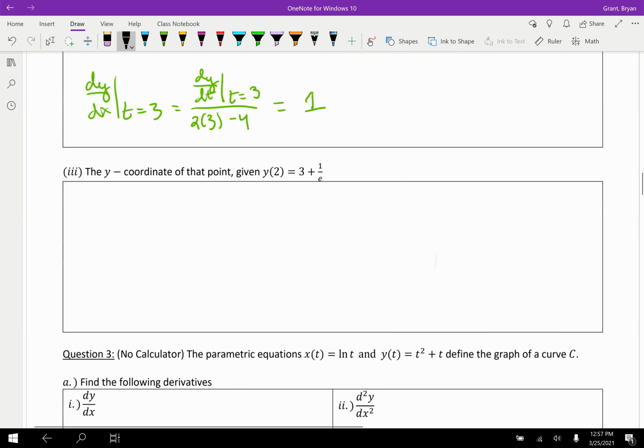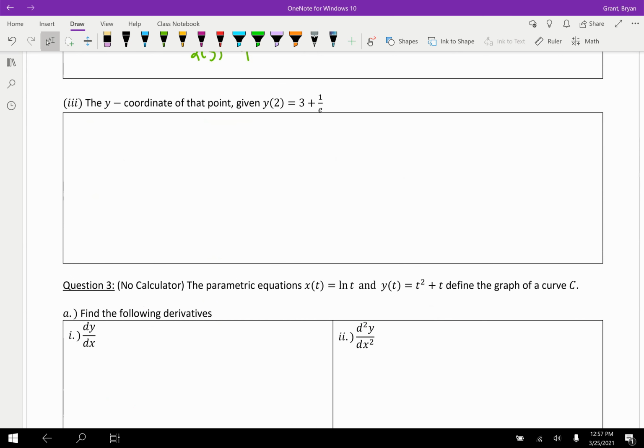So how do we find the y-coordinate? Well, as always, this has just got to be our fundamental theorem of calculus. There are actually two different ways you can do this. They gave us y of 2, right? They told us what the y-coordinate is at a time of 2. So I know that when I integrate, I'm going to include that 2 as one of my limits of integration. What else am I going to include? Well, what am I trying to find?